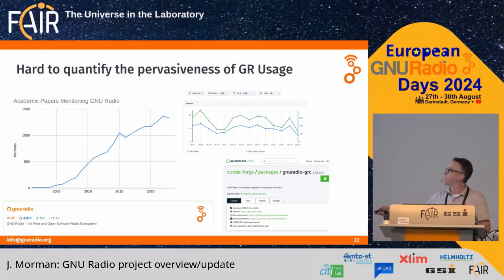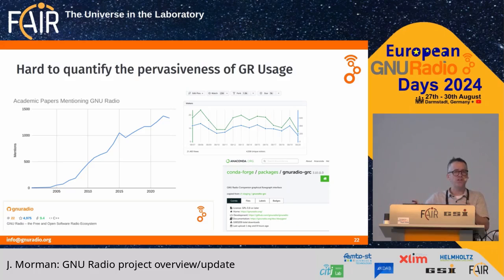Well, one, we can look at various things, like this plot of Google Scholar. How many publications over the years have used the term GNU Radio? So it's up over 1,000, and it's hovered around there. It's hard to keep up to date. So thank you to Jean-Michel for helping with this analysis.